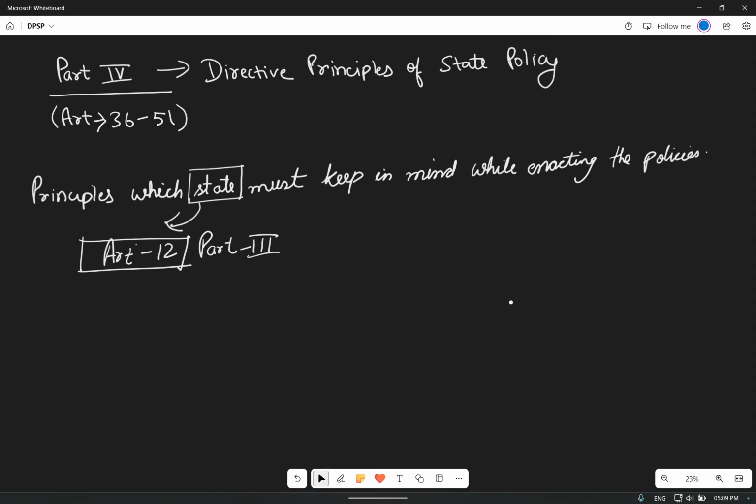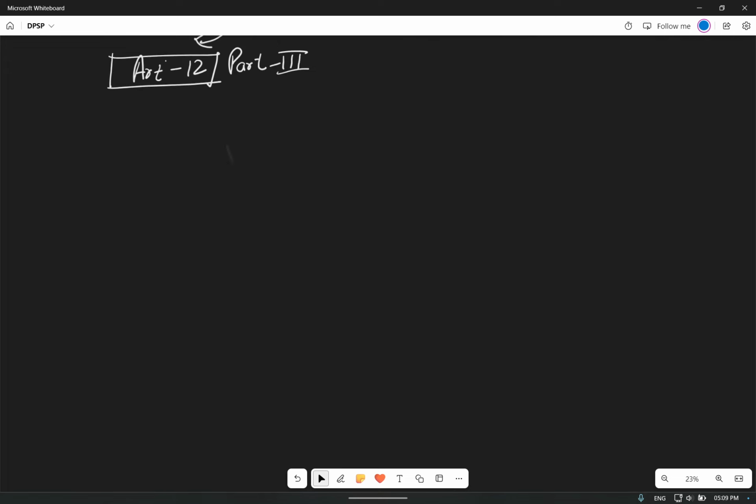Okay, so it just provides the principles. Let us suppose a government has come and wants to make a policy, so whatever policy they are going to make, it must be in line with Part 4. Okay, so we'll proceed to what is present under Article 36 and what it tells.